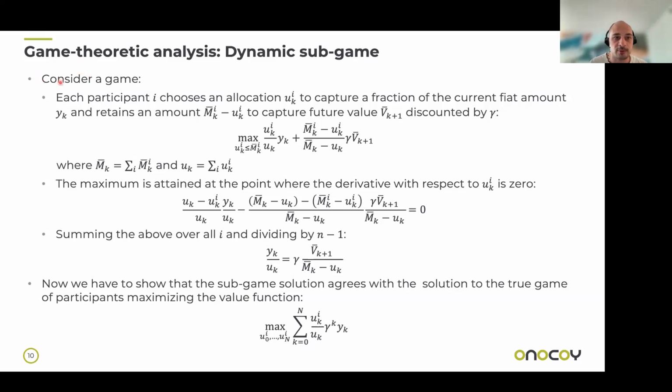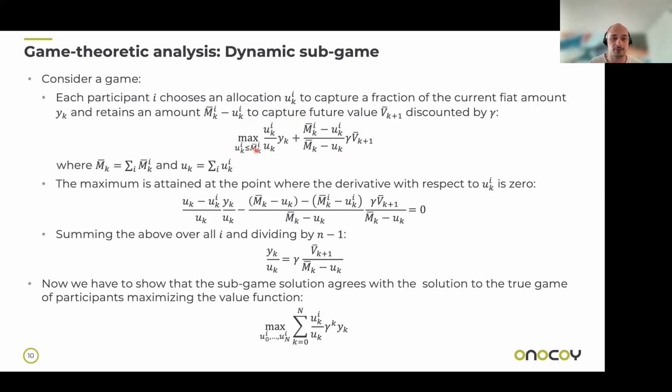So again, we're already considering this game. I already explained how it works, and what I've explained over the diagram can be written like this. So each participant is solving this optimization problem. And basically you can never allocate more than you own. Not in this game, because no one's going to give you new tokens.